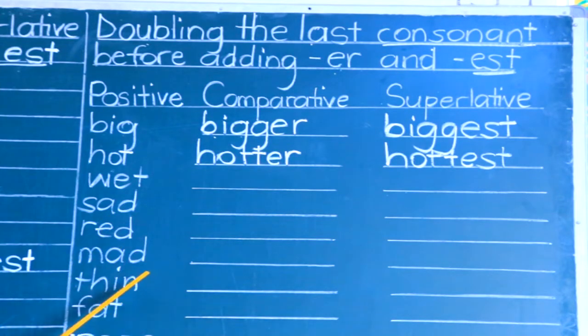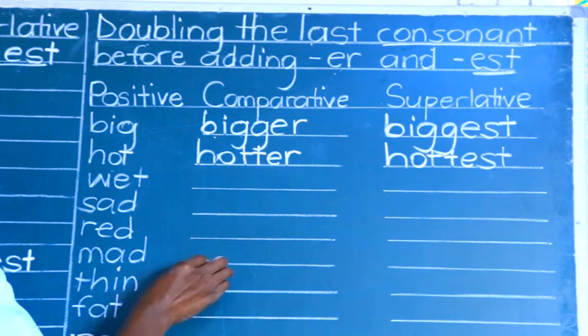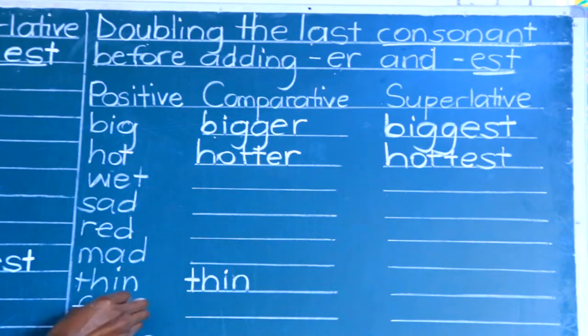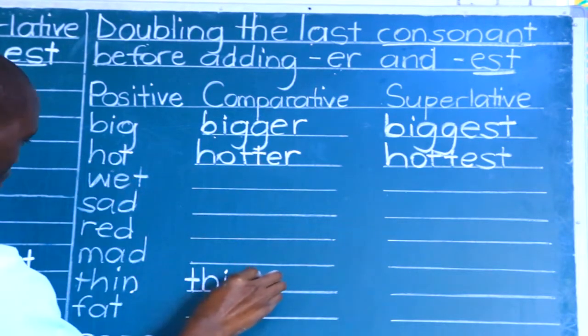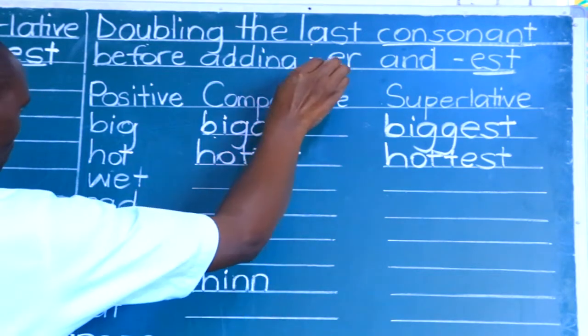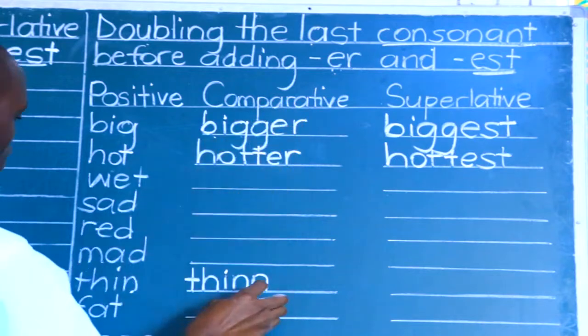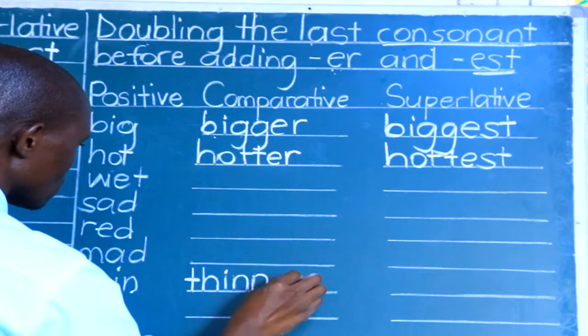From there, let's form the comparative and the superlative of thin. T-H-I-N. We double the last consonant, which is N. Double it before adding ER. Why ER, not EST? Because we are in the comparative degree. ER.